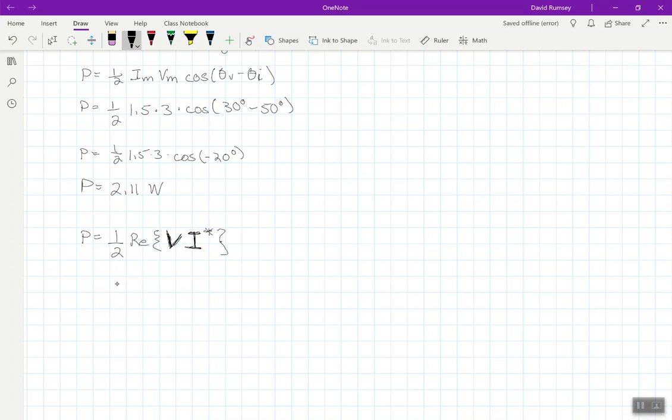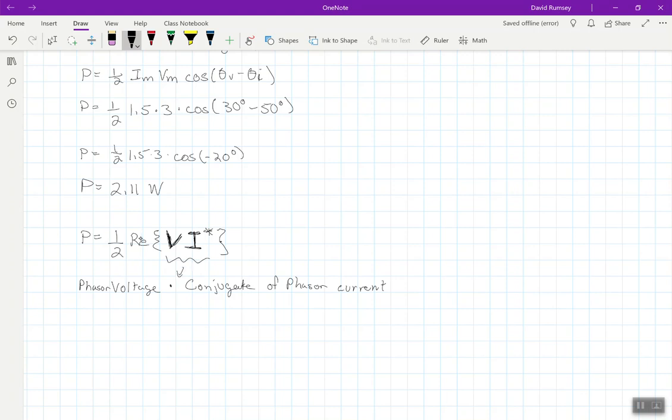This is the phasor voltage times the conjugate of the phasor current. That's what this is right here.